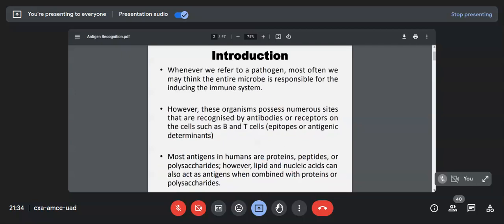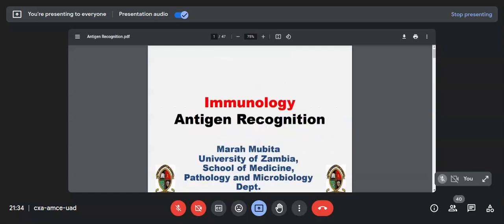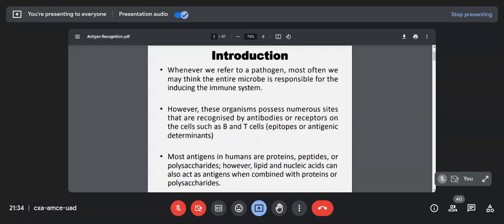You discover that on the structure of a microbe, there are specific receptors, in short. These are regions, and I talked about them last week, and the name that we call them is epitopes, or what? Or antigenic determinants.